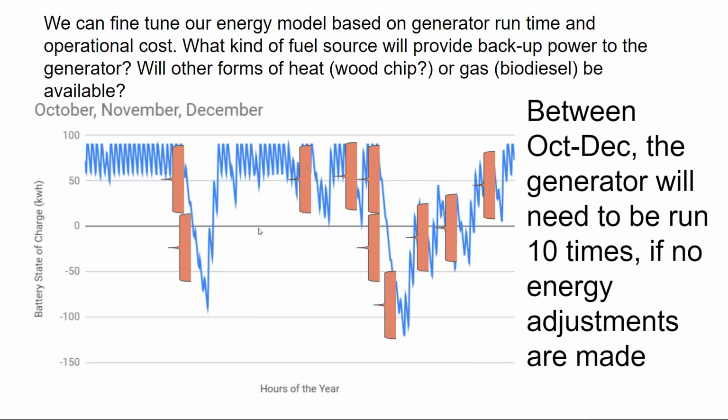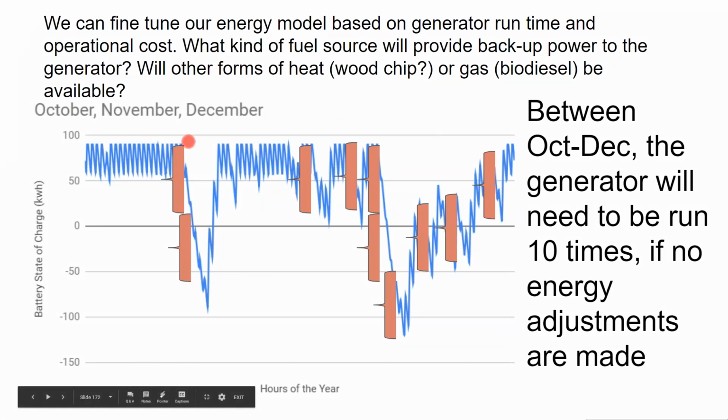And so back in the model we were looking at yesterday, I will go in and model my system sizing and my generator runtime to say, I don't want my generator to have to run every other day in the wintertime unless it absolutely has to.